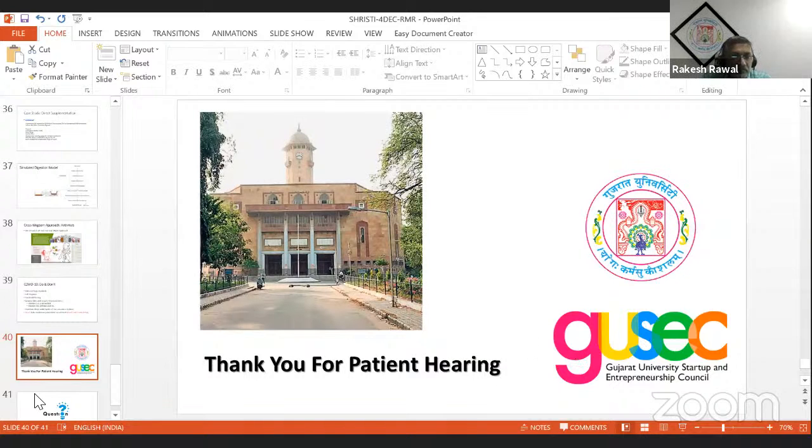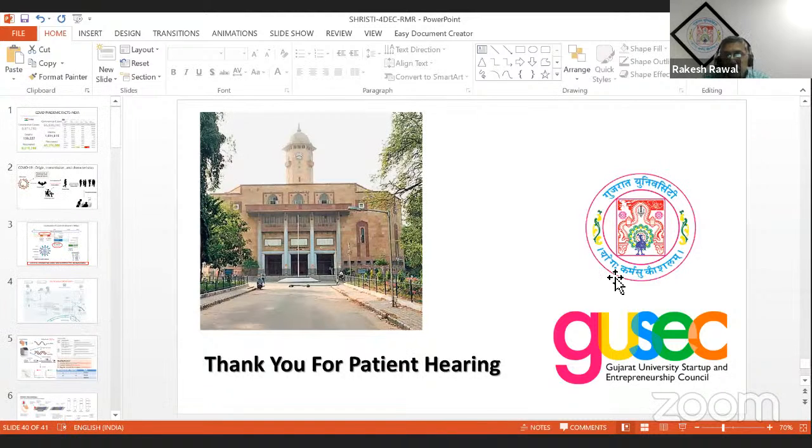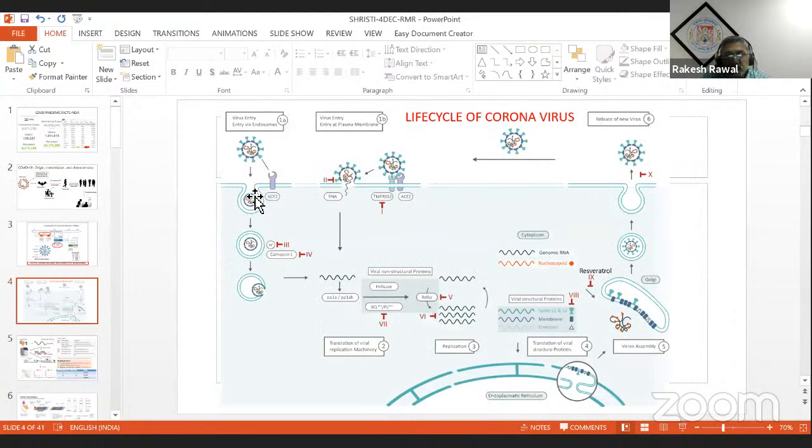So if I go to that slide again, here, after entry, all the structural proteins are lost, and the whole RNA is reverse transcribed, and again multiple copies of that are made by RNA polymerase. So a single entry of a virus may lead to thousands or lakhs of copies of this RNA.